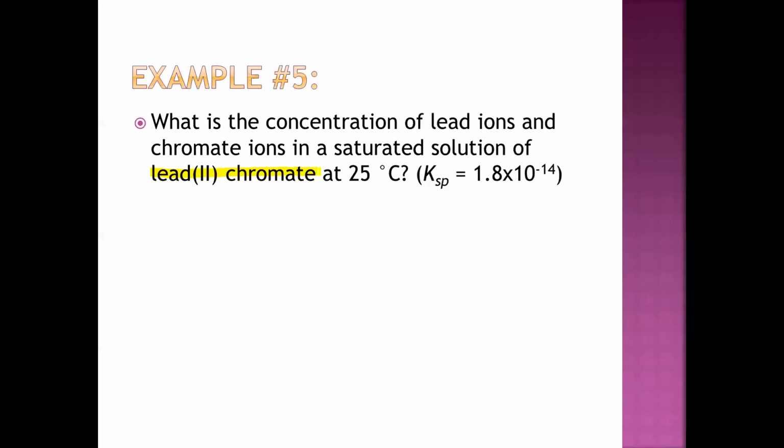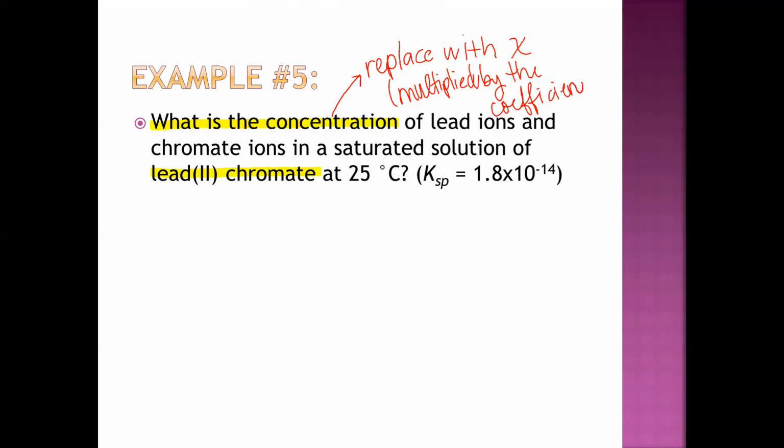And then if you're solving for concentration, so this one we want to solve for concentration, whenever you're solving for concentration, you replace the concentration with X. So we're just going to solve for X for things that we don't know. And it has to be multiplied by the coefficient. So I don't know if we have that here, so we might need to do one from the packet so that we know what I mean when I say multiply by the coefficient.